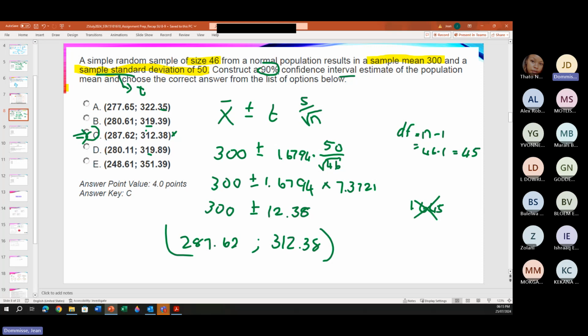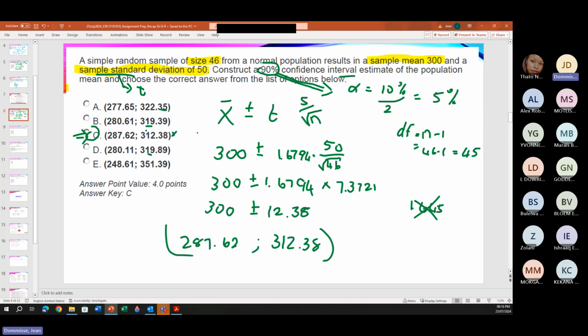With confidence intervals, the alpha is 10% because it's 1 minus the 90, and it will always be divided by 2, because a confidence interval has an upper and a lower side.